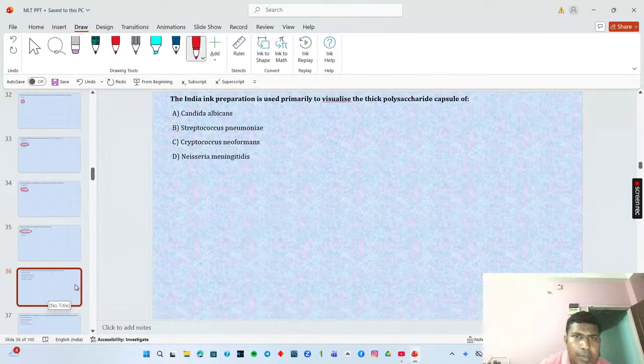Now, the India ink preparation is used primarily to visualize the thick polysaccharide capsule of which organism?